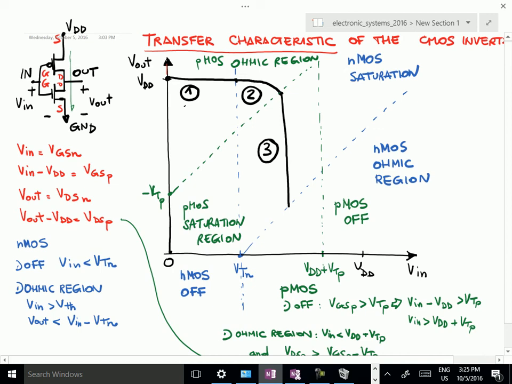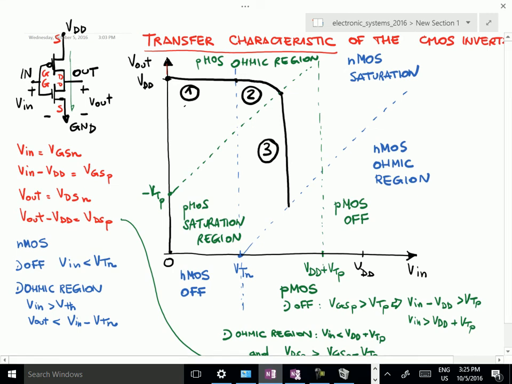In principle, it is possible for all the lines, but it's not easy, because if you do what I said before, you equate the current in the PMOS and the current in the NMOS in order to compute the output voltage, sometimes you can find a difficult expression to solve analytically.